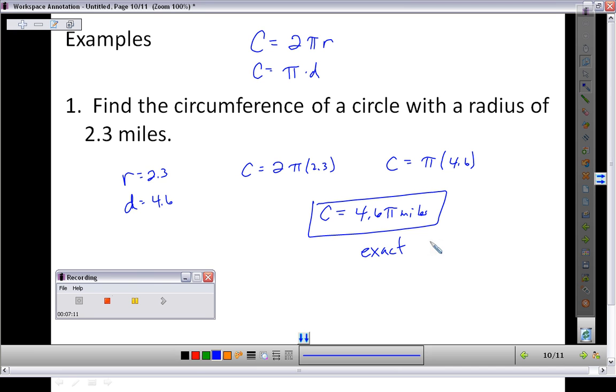If I want a rounded answer, I would simply take 4.6 times 3.14. Again, this is my rounded answer. I would get 14.4 miles. And we like to be exact most of the time.